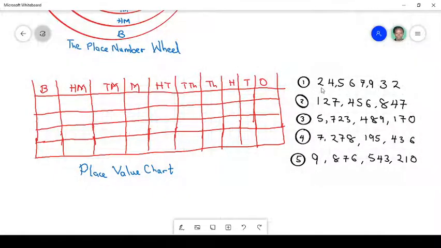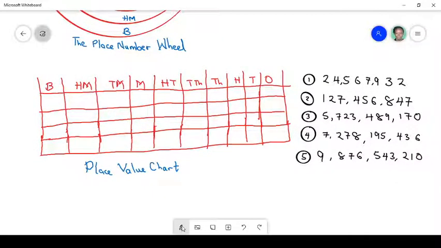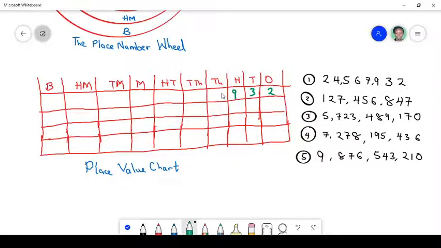So with our example 1, we want to look at the place of the numbers. From my right to my left, I put in the place words of the numbers. So I have 2, which is ones. I have 3, 9, 7, 6, 5, 4, and 2.